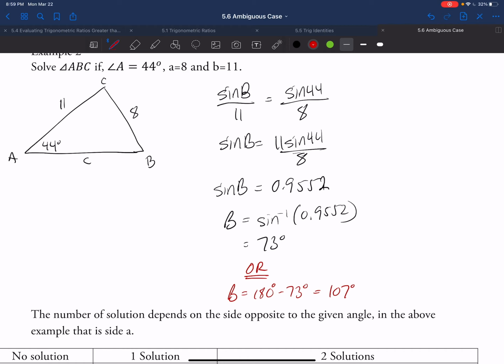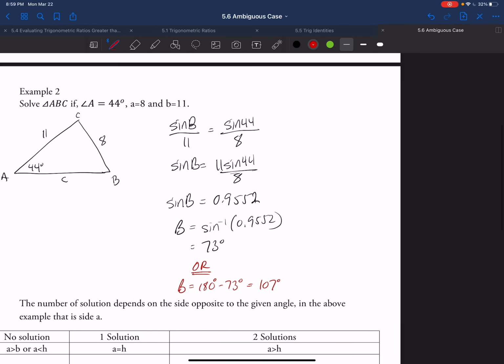So I don't know what angle B is specifically. It could be 73 or it could be 107. So I need to do both of those solutions.